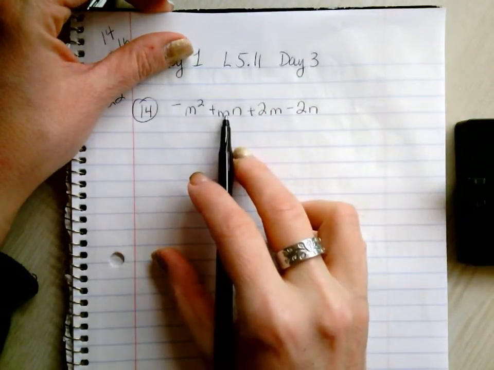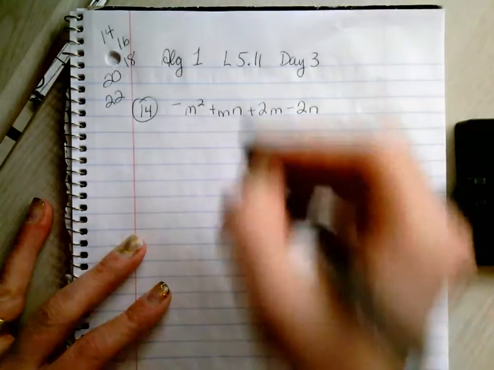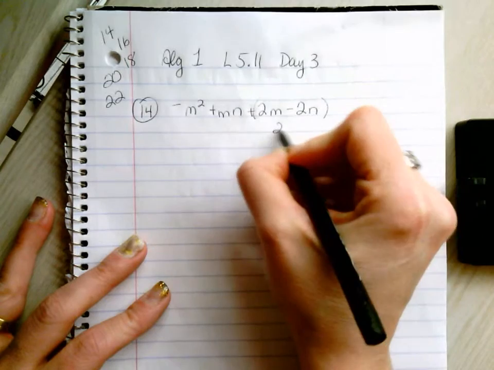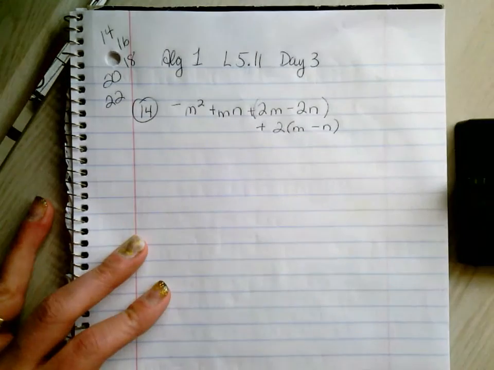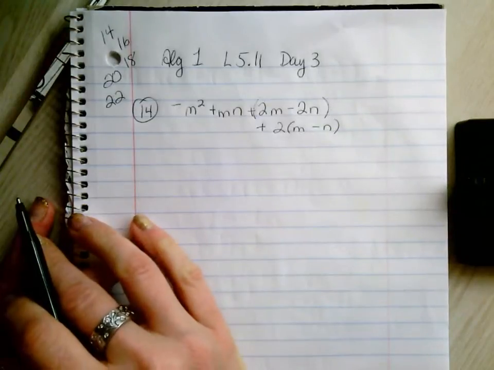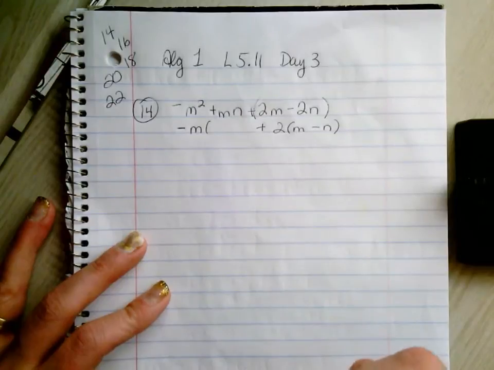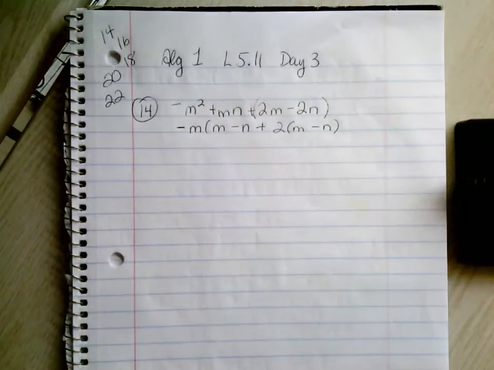M squared mn n. Well, let's just group it as it sits and just see what it looks like for fun. 2 times m minus n. Over here, if I pull out negative m, I get m minus n. Bravo! We did it.